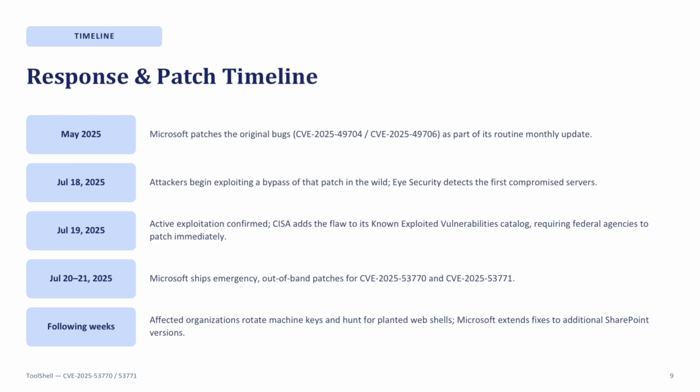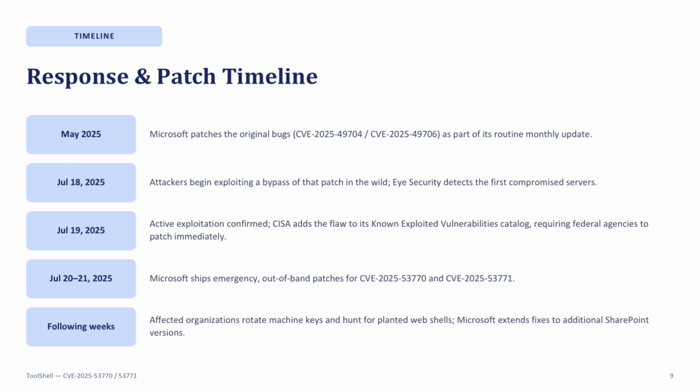Timeline, response and patch. May 2025: Microsoft patches the original bugs, CVE-2025-49704 and CVE-2025-49706, as part of its routine monthly update. July 18, 2025: attackers begin exploiting a bypass of that patch in the wild. iSecurity detects the first compromised servers. July 19, 2025: active exploitation confirmed.